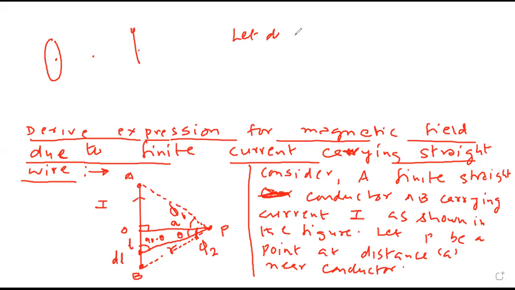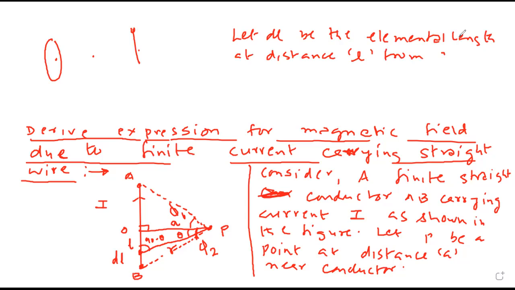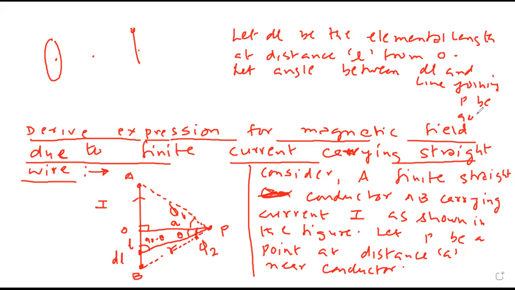Let dl be the elemental length at distance L from O. Let the angle between dl and the line joining P be 90 minus theta.